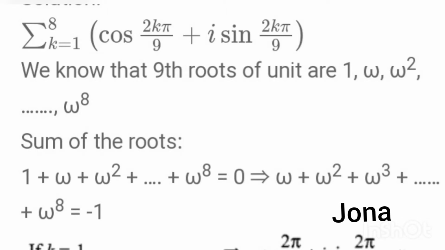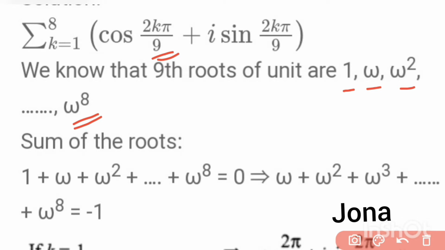Here it's clearly given divided by 9, isn't it? That means it's the ninth root. If it is the ninth root, the roots of the equation are nothing but 1, omega, omega square, etc., till omega power 8, since it is the ninth root.